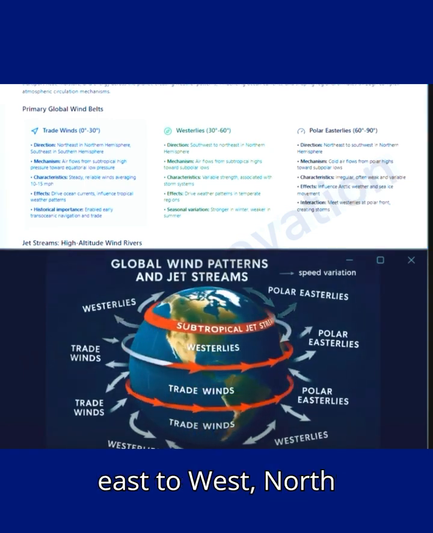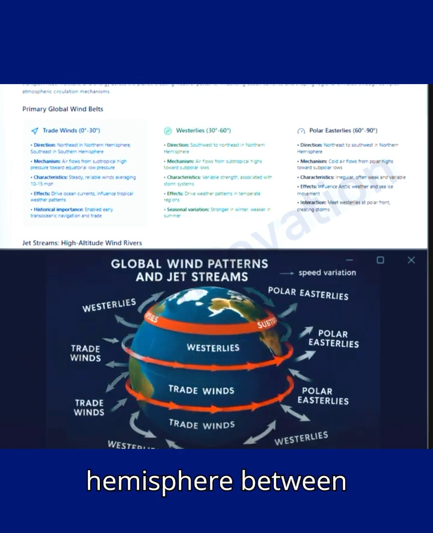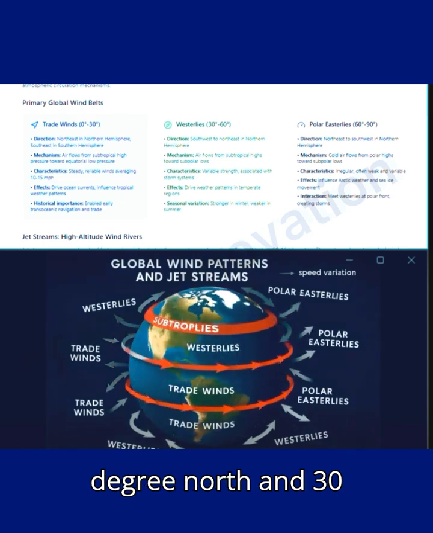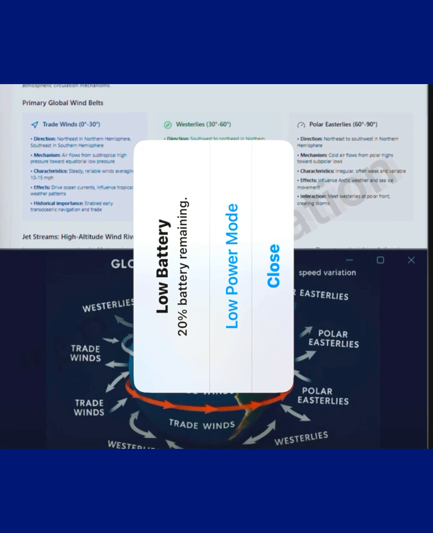Trade winds are at 0 degree to 30 degree latitude, blowing from east to west, northeast in the northern hemisphere, southeast in the southern hemisphere, between the equator and subtropical highs at 30 degree north and 30 degree south.